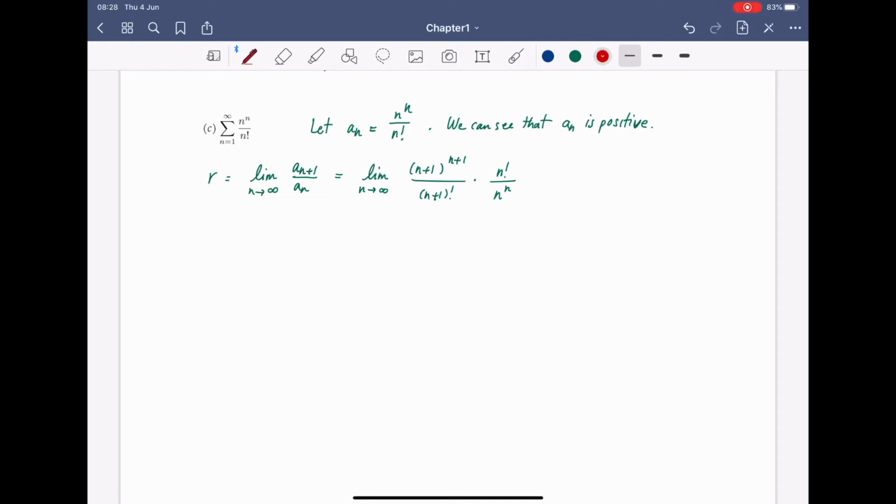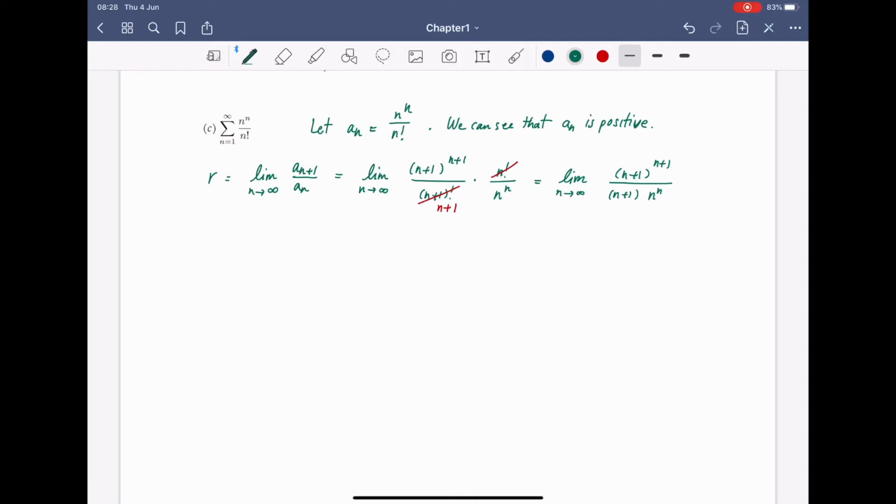So you can see that, first of all, my n factorial is gonna cancel with my n plus 1 factorial, right? So I have n plus 1 left. So that means I have limit of n plus 1 to the n plus 1 over n plus 1 times n to the n.